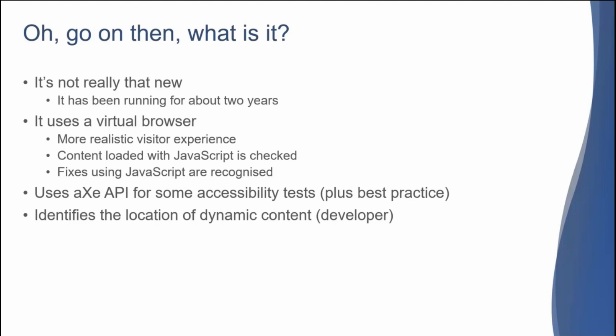But that's very difficult to find just by looking at the original page source code, because it doesn't necessarily include all the stuff that's been dynamically loaded or even where any of that stuff is. Using a virtual browser, what it means is we can identify the location of dynamically loaded content, and we can then let you know where that is. So, for example, for those of you who go into inspecting things like Chrome and look at the dynamically loaded HTML and so on, it allows you very easily to find that information.